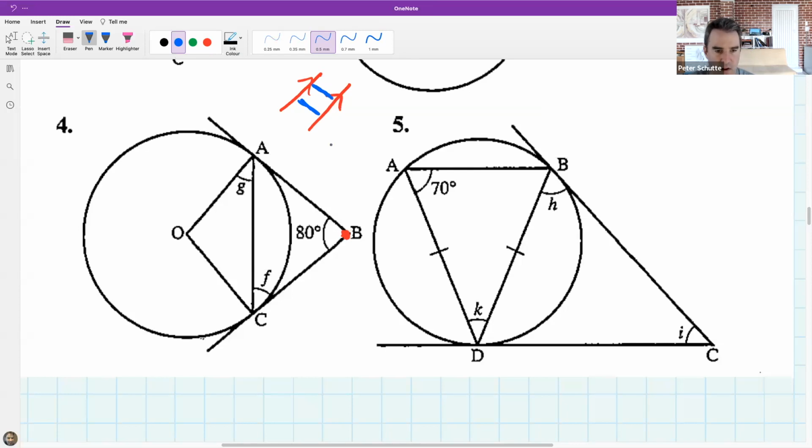So this would be parallel lines. If you look at these two lines here, so this tangent here and this tangent here, they start off quite close together and they move further and further apart. So these lines are not parallel to each other, but they are tangent from B.